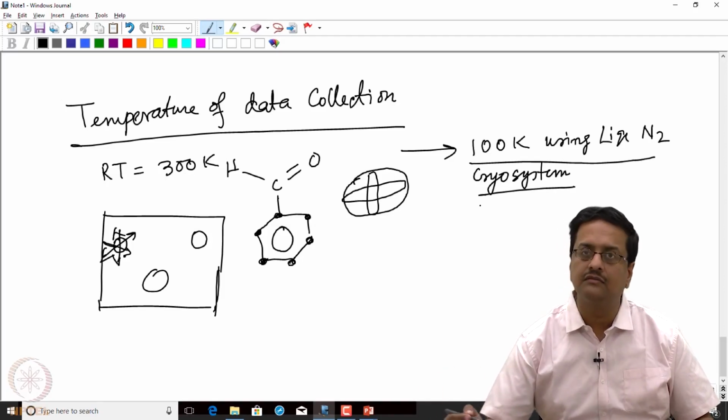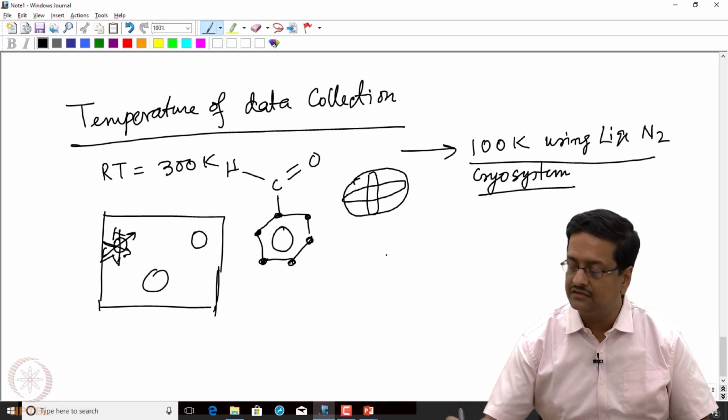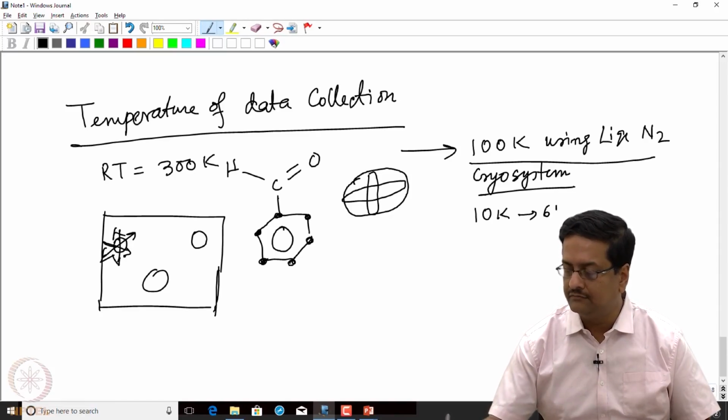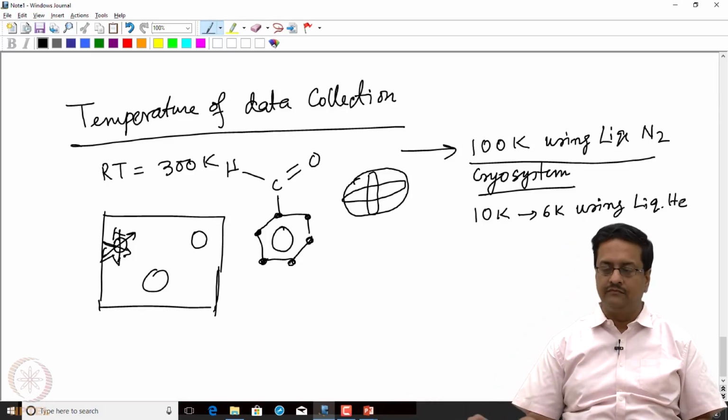But for very high quality, very accurate charge density measurements, one can go even down to 10 Kelvin or lower, down to 6 Kelvin, using liquid helium as a source of cooling.